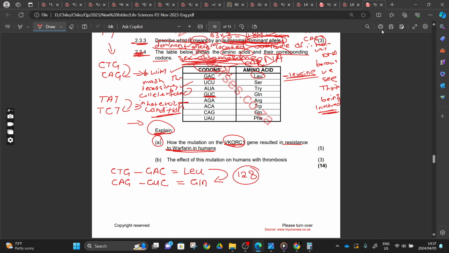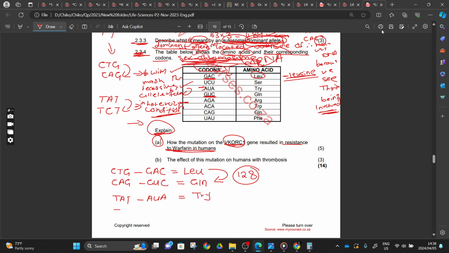So leucine was replaced by GLN at position 128. You can say amino acid 128 was replaced, leucine was replaced with this, and then we can go to another amino acid that was changed again, T80. It was going to code for adenine, uracil, and then adenine. We come here and see our codon. This is AUA. It was going to code for TRY.